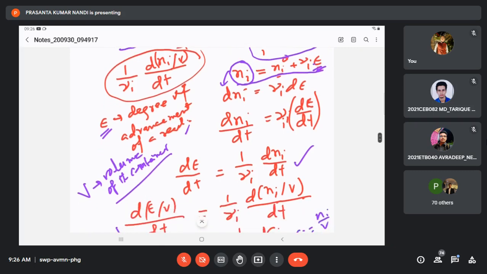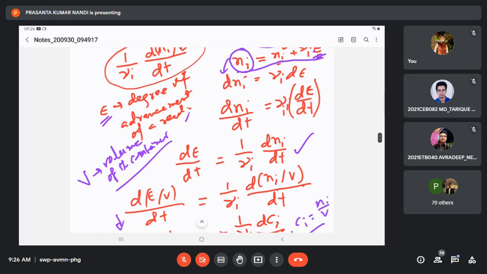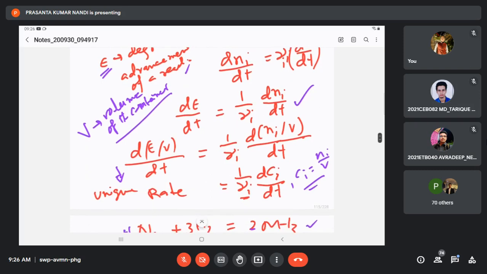Now we divide both sides by the volume of the container where the reaction is carried out. What is V? V is the volume where the particular reaction has been carried out. So we divide both sides of this equation by a constant value V. And in the right hand side, you see 1 by nu_i dCi/dt.